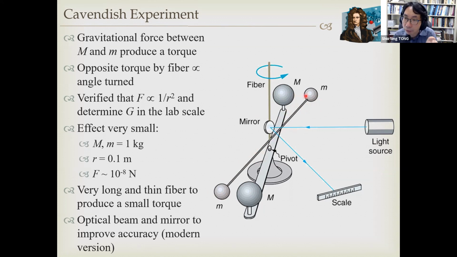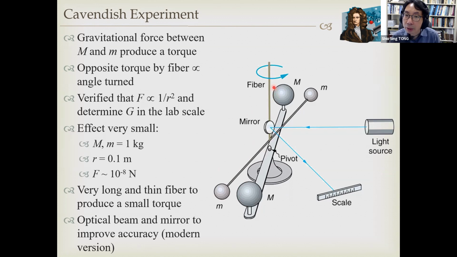Because of the gravitational force between the two masses here and the two masses here, there will be a torque that tends to turn this rod around, and that will twist the fiber. When the fiber is being twisted, there will be a restoring torque, balancing the torque due to gravity.